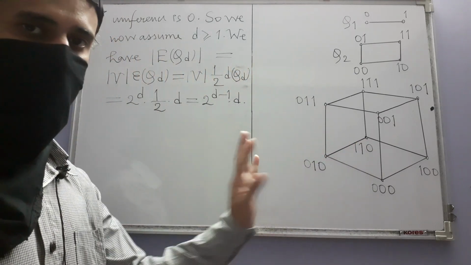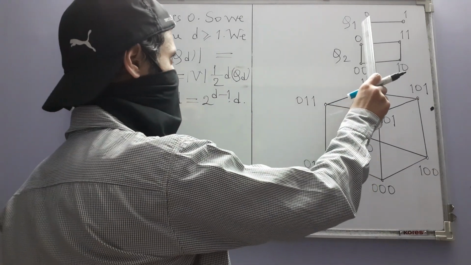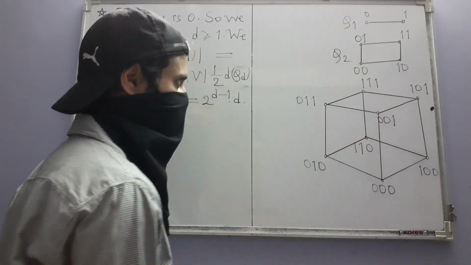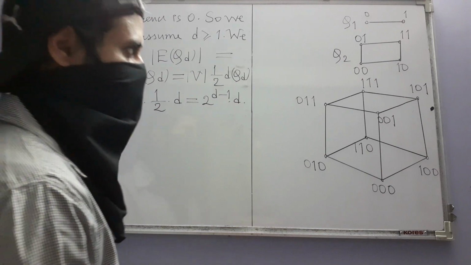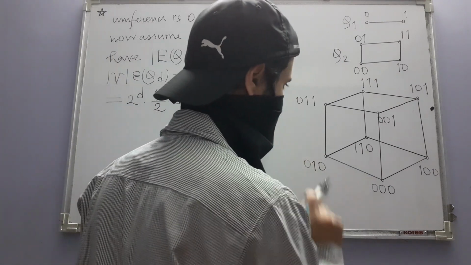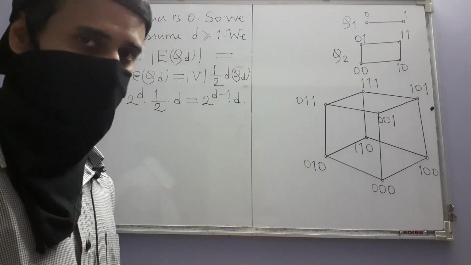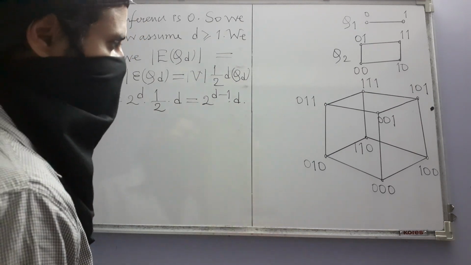That is the case with the other edges. Okay. So this is a one-dimensional cube which does not look like a cube at all. It's a two-dimensional cube which looks like a square if drawn properly. And this is a 3D cube. Now you can imagine a 4D cube also, at least in this setup.